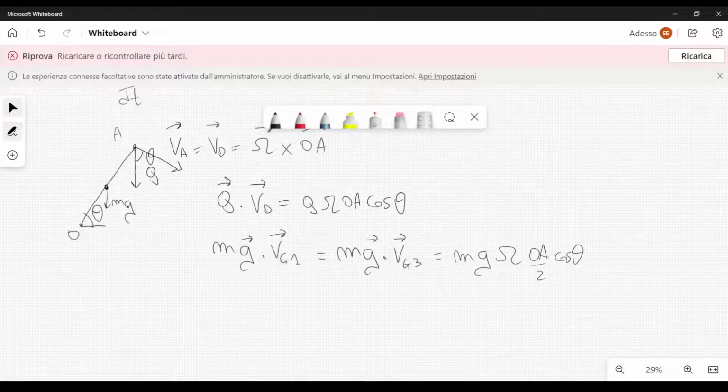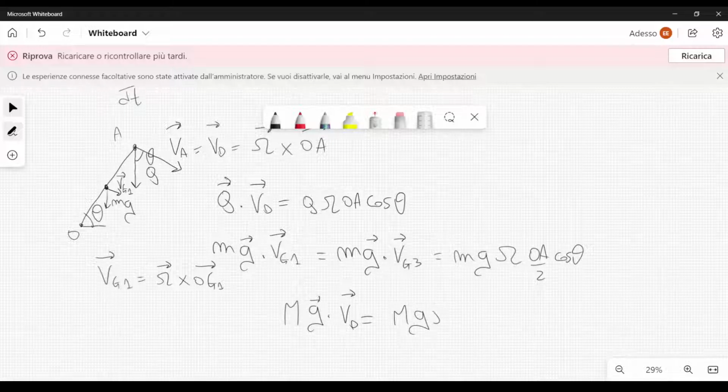It's very easy because vg1, which is the velocity here, is simply equal to omega cross product OG1, and the length of OG1 is OA over 2. So that's why we have this formula. Then we have capital M G dot product Vd, and this is just MG omega OA cosine theta.